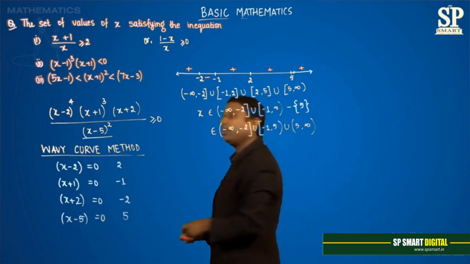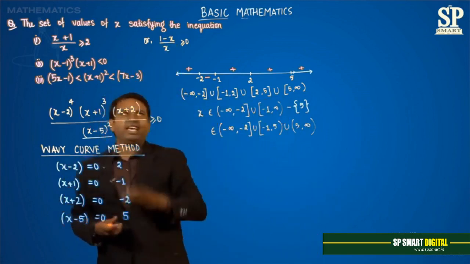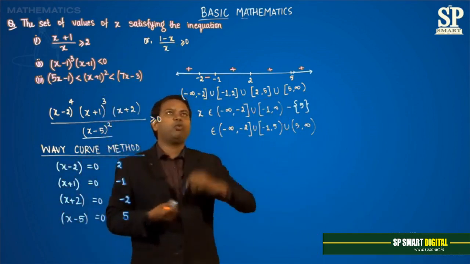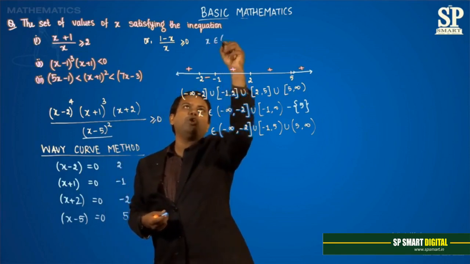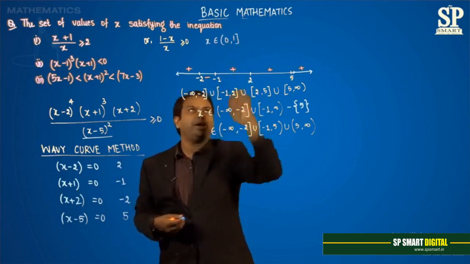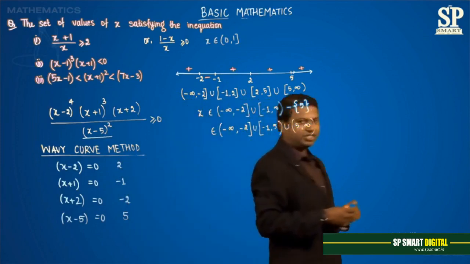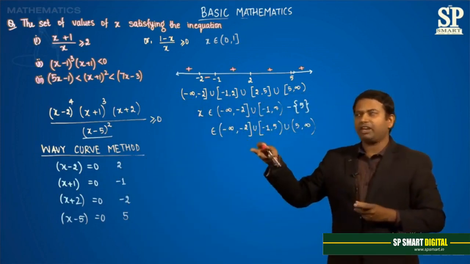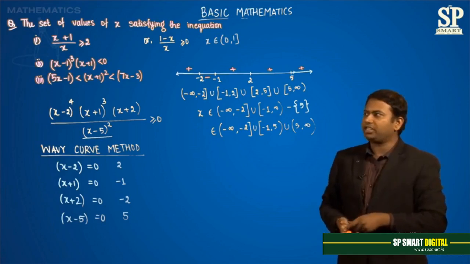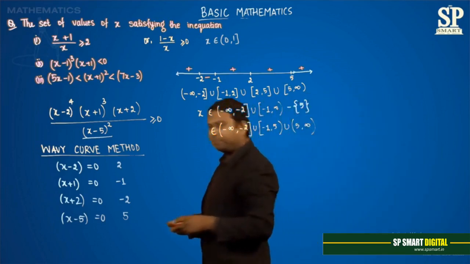Now if you remember, we found that in the first case, the solution that we had was x belonging to open 0 and closed 1. So let us try and understand, check and verify the wavy curve method for our first inequation.